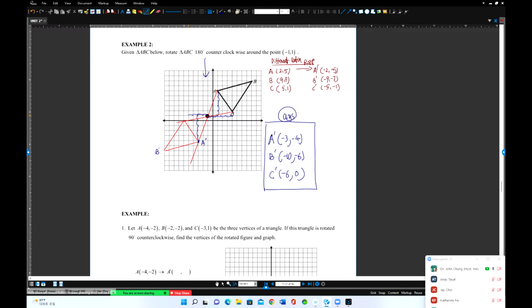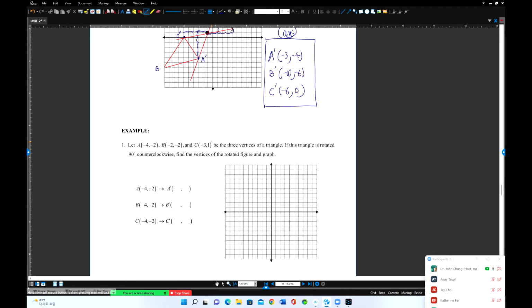That's C prime too. So this is not that important; it's a very special case. Now we are focused on a center at the origin.